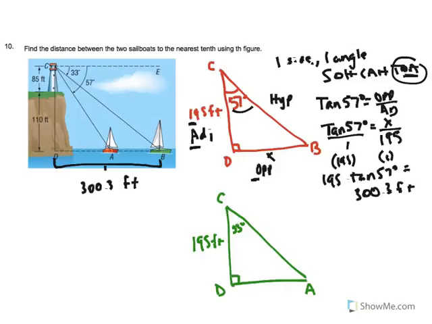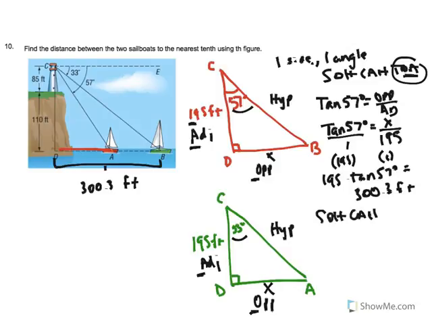So now I'm going to use the smaller triangle to find this distance here. So I go down to this triangle, right? And I name my sides according to the reference angle. So this side will be the opposite. This is the hypotenuse, and this will be the adjacent side. I'm looking for this distance here, so I look at the sides that they give me, A here, O here.